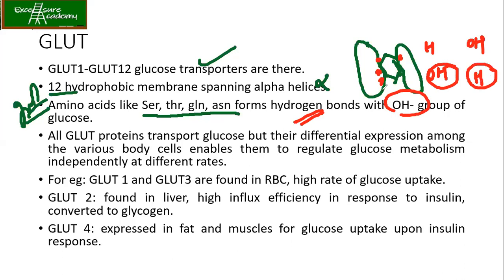So if by mistake galactose comes, one of the amino acids won't interact. Out of 4, only 3 will be there. If it is only 3, the transporter understands that it is not specific to its binding site, so it will kick out the galactose and wait for glucose to come and bind.